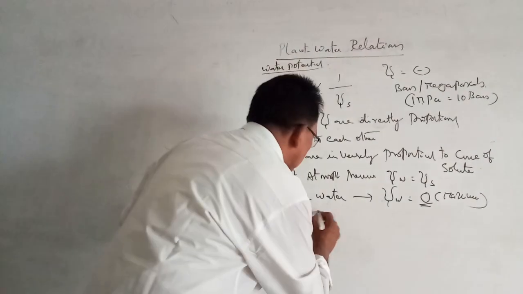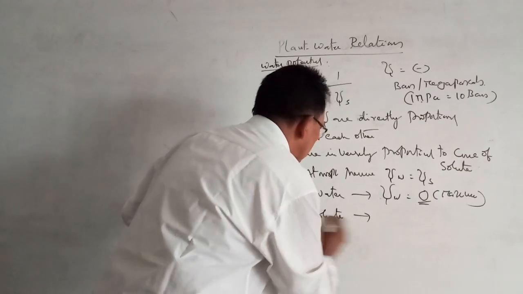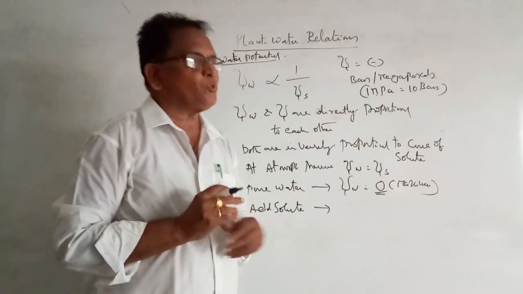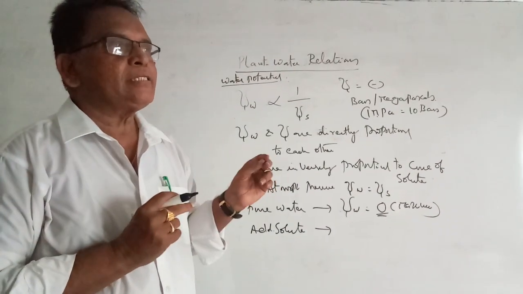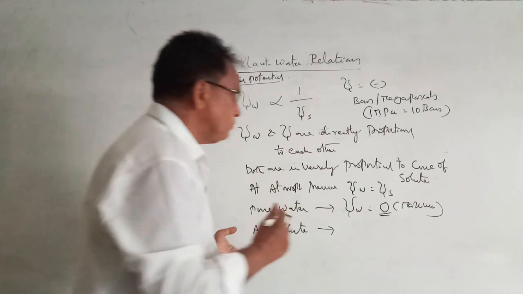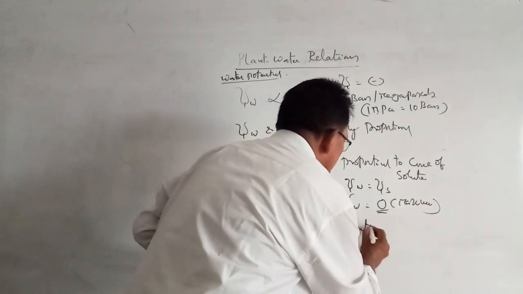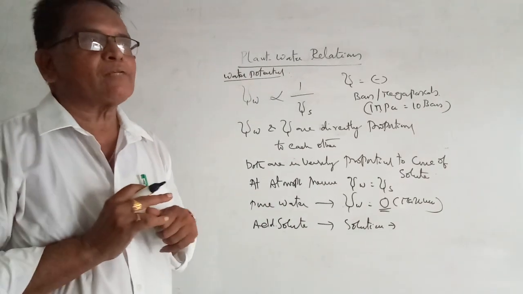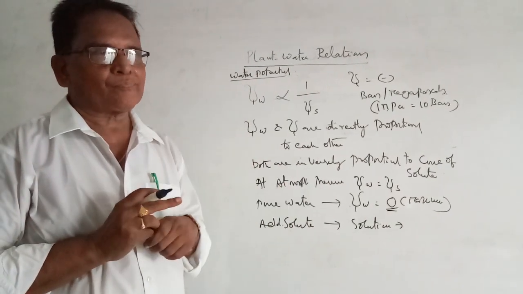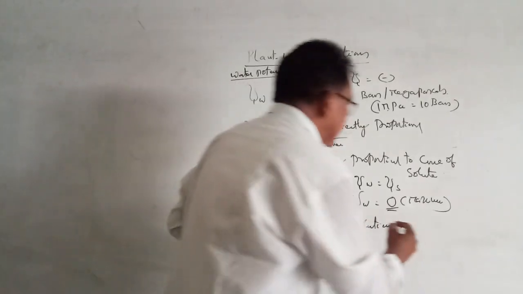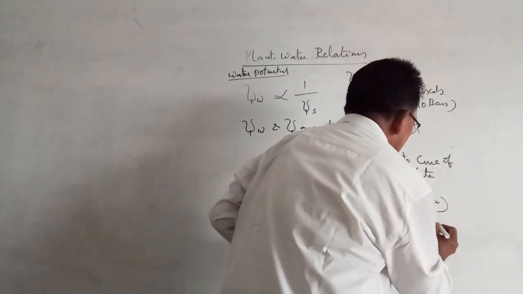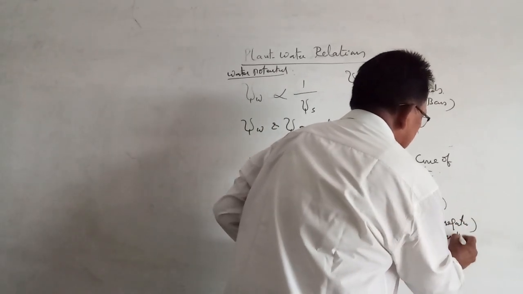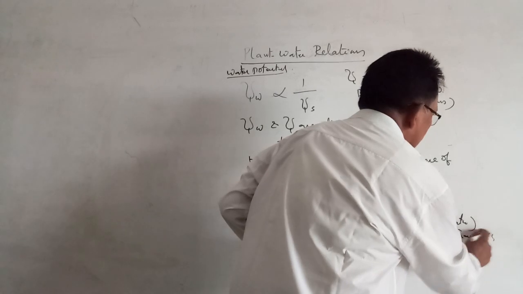Suppose we add any solute to this pure water, to the solvent, we will get a solution. For this solution, the water potential value will be decreased. This is the important point. For any solution, the water potential value is negative. Negative means less than 0.